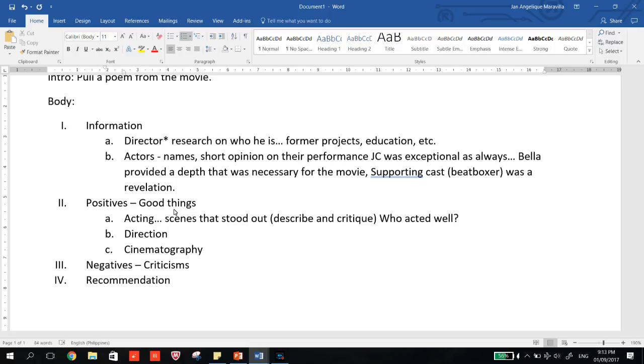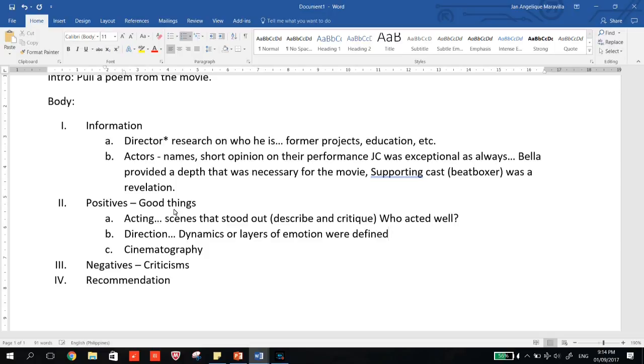Sabihin mo na, see, I even remember this line kasi nag-stand out talaga siya sa akin. Sa direction, what can you explain? Sabihin mo na yung dynamics, yan, mga ganon. Or layers of emotion were, sabihin na natin, were fresh, ayan, ganon. Kaya were defined.